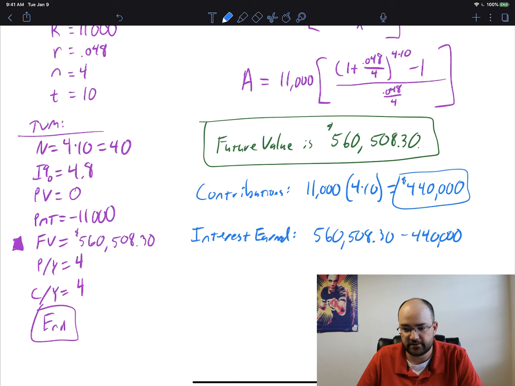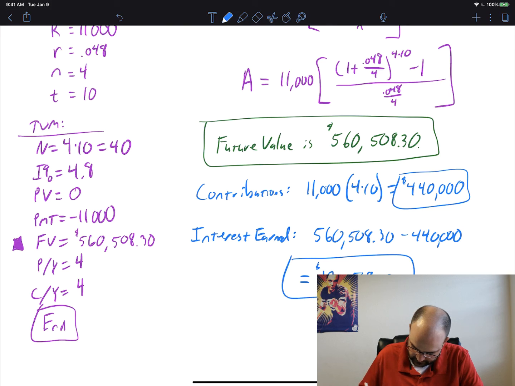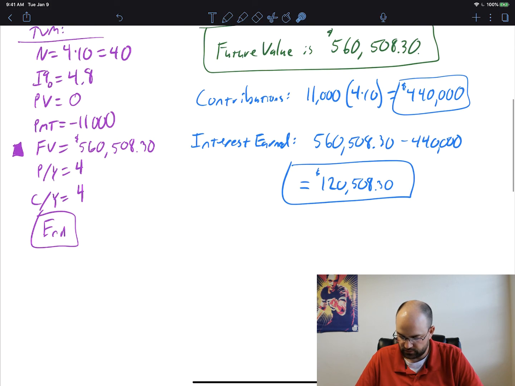And then you just type that in, and you saw me type that in, and that gives me $120,508.30. There you go. So contributions were $440,000. The interest earned was $120,508.30. And of course, the future value was $560,508.30.